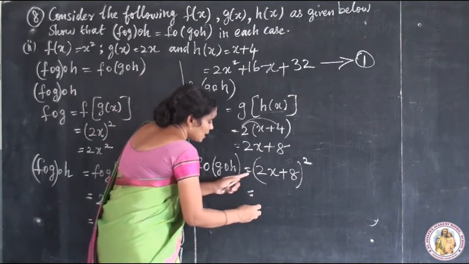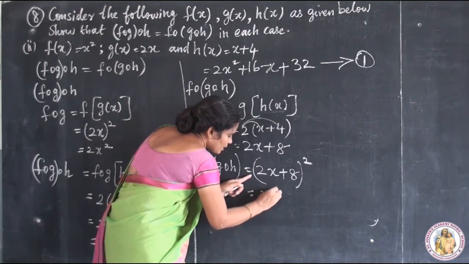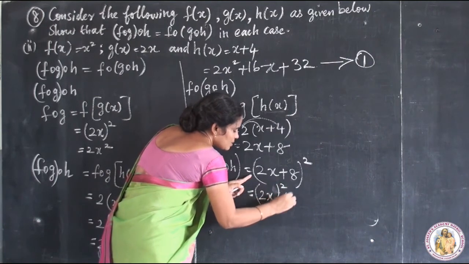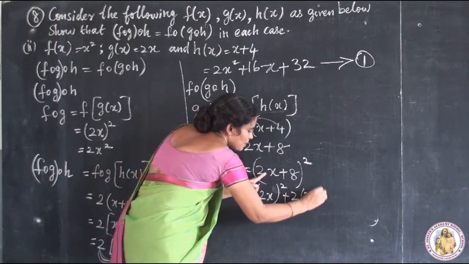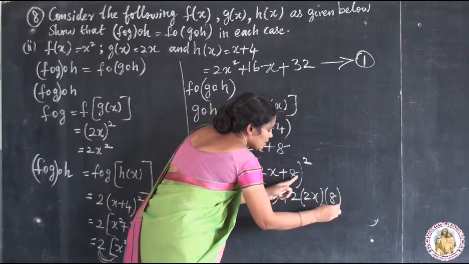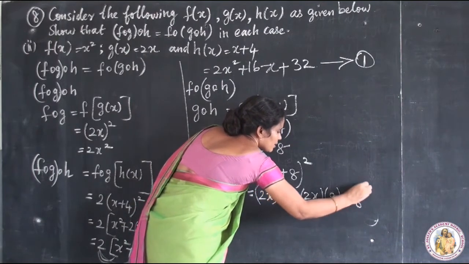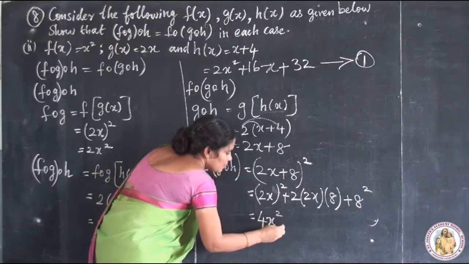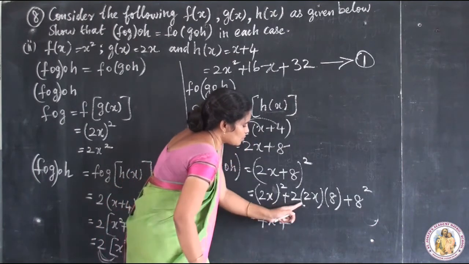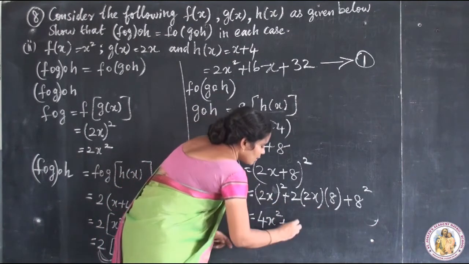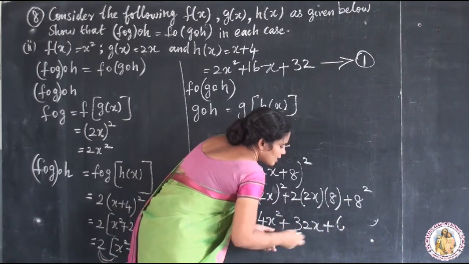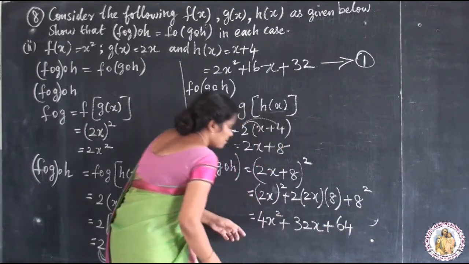Okay, so a square, that is 2x square, plus 2ab plus b square. So 2 2s are 4, x square, plus 2 2s are 4, 4 8s are 32x, plus 8 8s are 64.